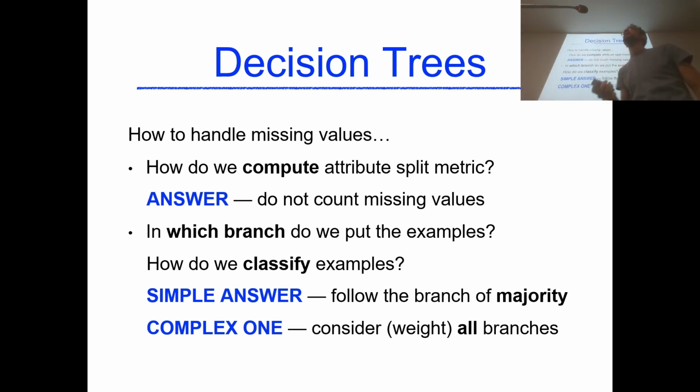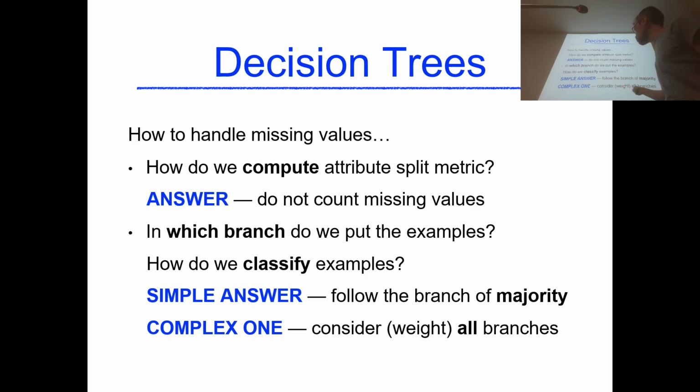Otherwise, the core of the issue is where to put data points with missing values. I have a data point with a missing value for the attribute that I want to use as a split. In which branch do I put it? The simplest answer is to follow the majority: I put the example in the branch that has the majority of examples.